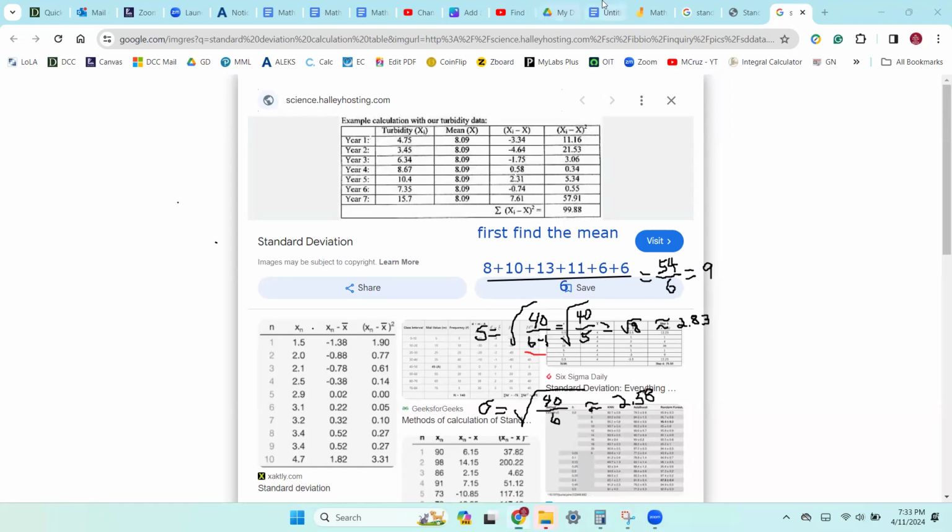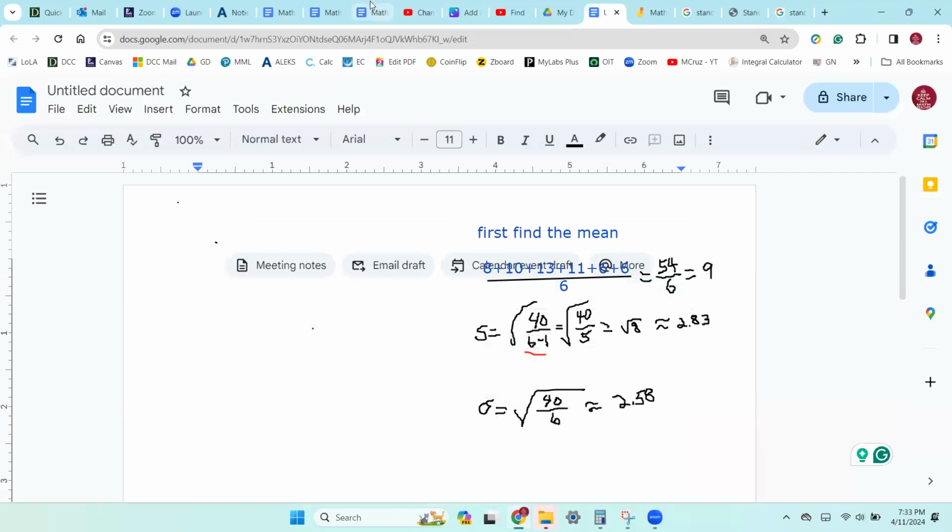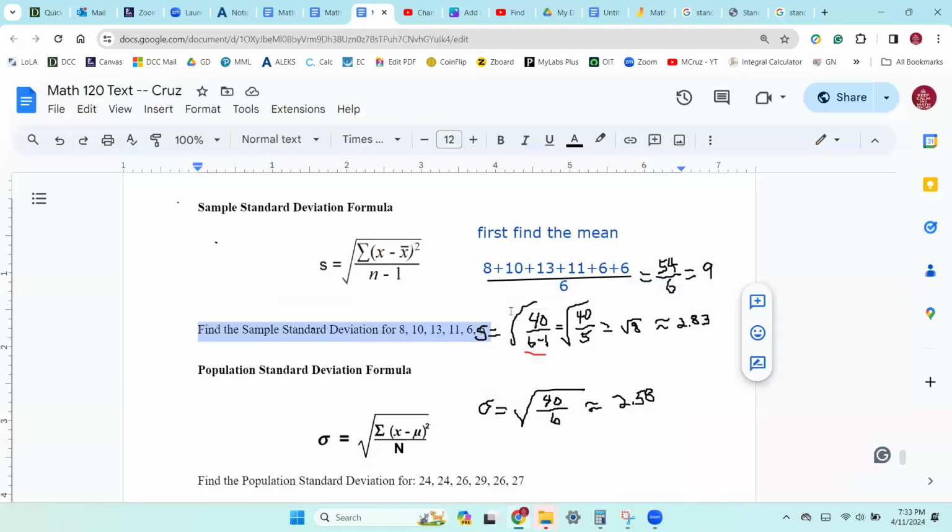Like I said, it all comes from these two formulas here. Sample means that you subtract 1 in the denominator, and essentially that's the only one that matters. All the other stuff is labeling. The mean, the X bar, is the same mean as for the population. You just take the mean of your data, subtract it from each one of the data pieces, square those, add them up, and that's the numerator.